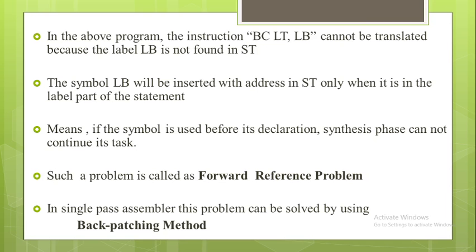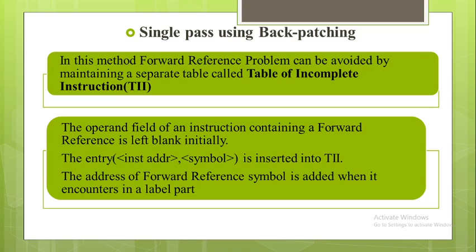The forward reference problem in a single pass assembler can be overcome by using the back patching method. Now we will see single pass using back patching. In this method, the forward reference problem can be avoided by maintaining a separate table called the table of incomplete instructions, that is TII.